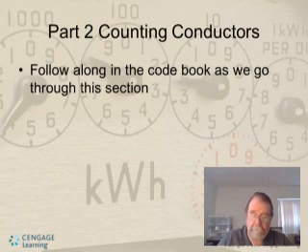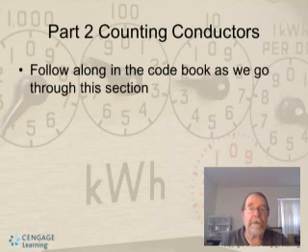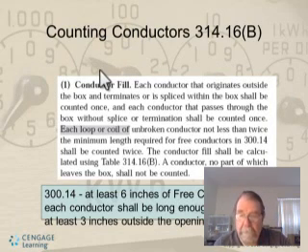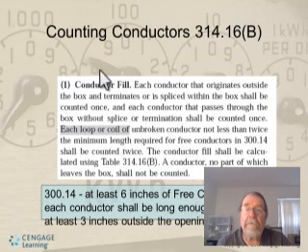Now we'll probably go through the code book and do this. I'm going to bring up section B of the conductors. Essentially, this is the conductor fill. Each conductor that originates outside the box and terminates or is spliced within the box shall be counted once.